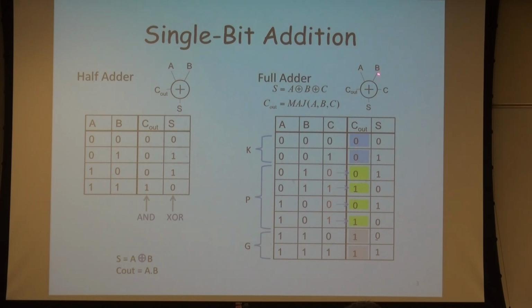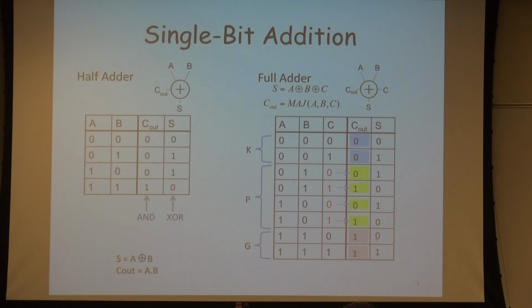So if there are three different inputs, it's called a full adder, and the sum is basically the checkerboard pattern of the inputs A, B, C, and C out is the majority function, majority of A, B, and C.